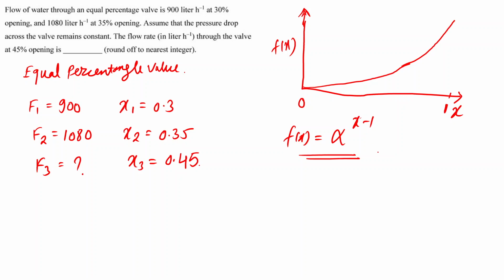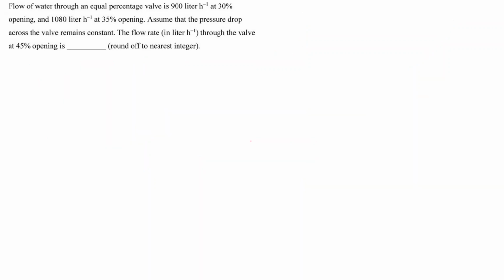So we can use this correlation, where f is the ratio to the maximum flow and x is the valve opening. So let's put these values in this equation. If we write in terms of F2 and F1, we can write F2 upon F1 is equal to alpha raised to x2 minus 1 upon alpha raised to x1 minus 1.